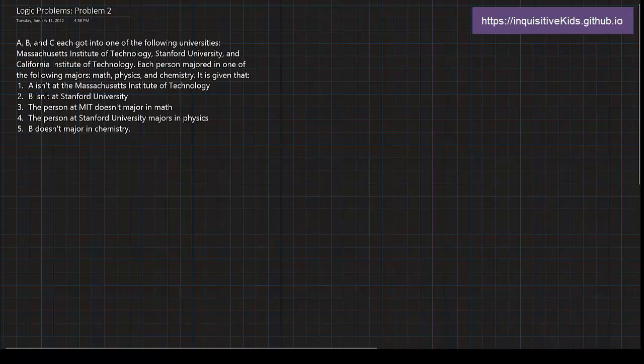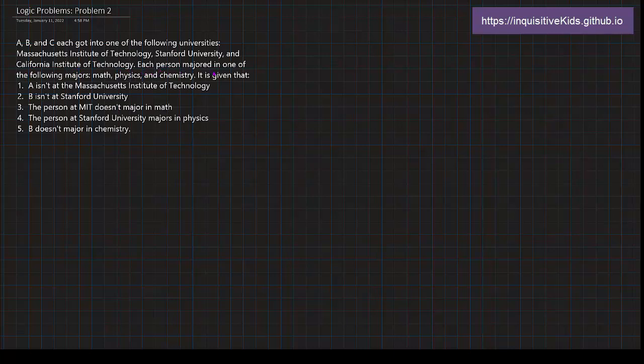A, B, C. Three people each got into one of the following universities: the Massachusetts Institute of Technology, for sure that's MIT, a very nice STEM university if you like to go; Stanford University, another really great one; and the final one, very awesome as well, the California Institute of Technology.